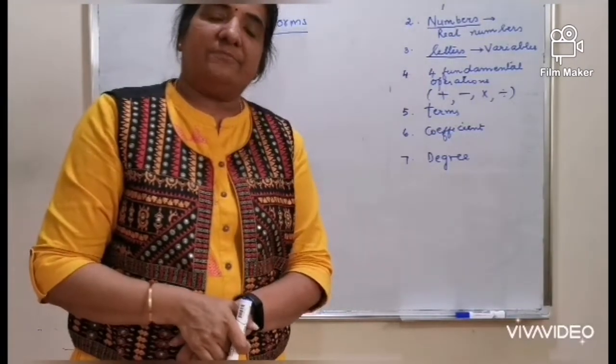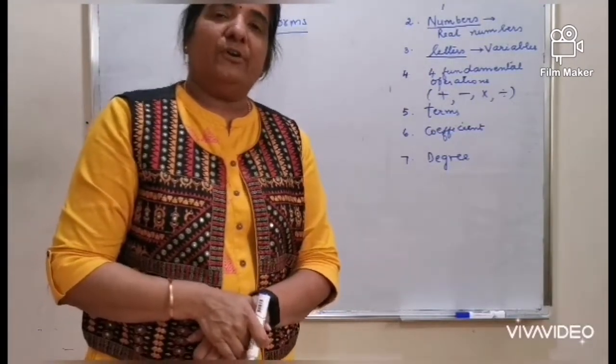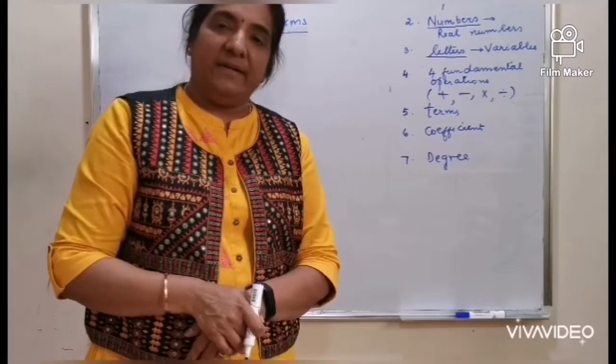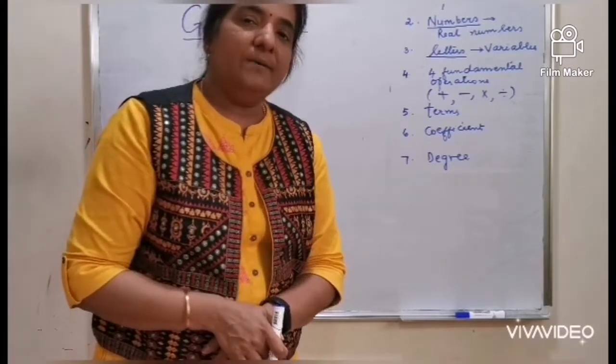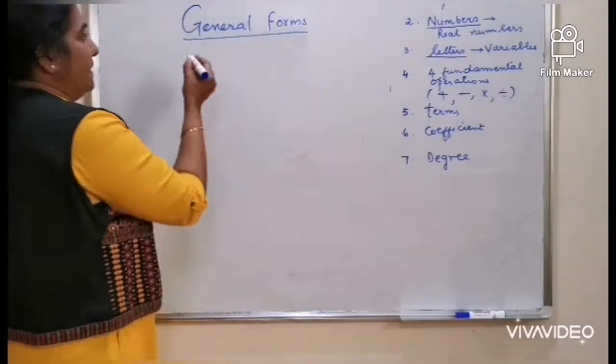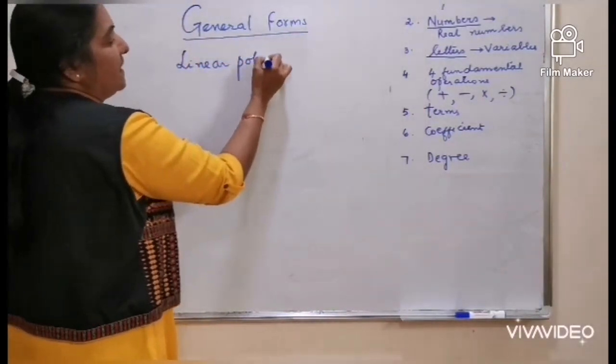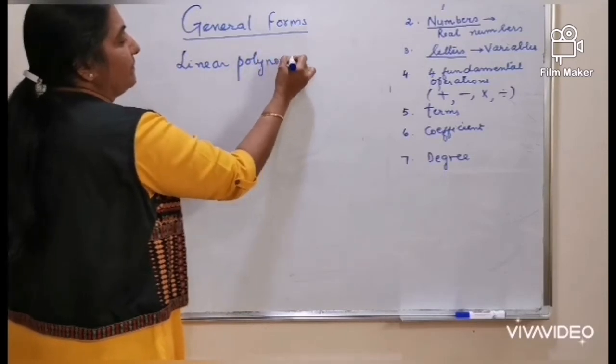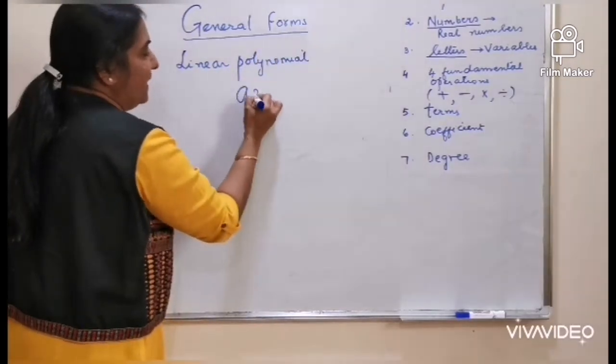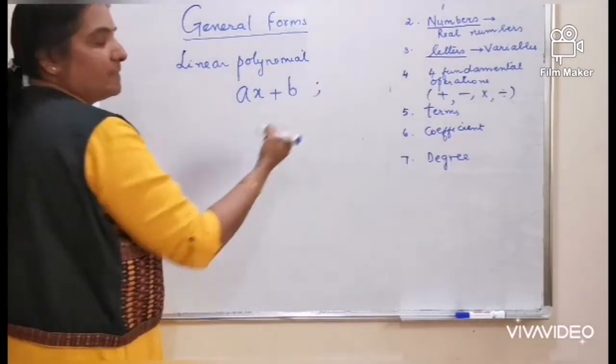Let us derive the general forms for a linear polynomial, quadratic polynomial and a cubic polynomial. Linear polynomial, the general form is ax plus b.